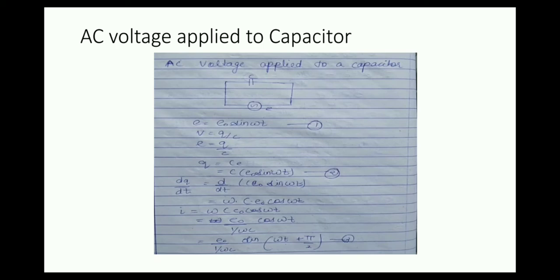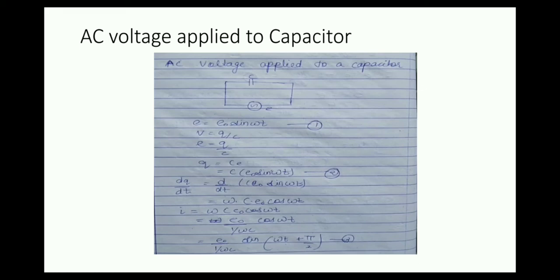As the current reverses its direction each half cycle, the capacitor is alternately charged and discharged. Now we consider Q to be the magnitude of the charge on either plate of the capacitor at a particular instant.